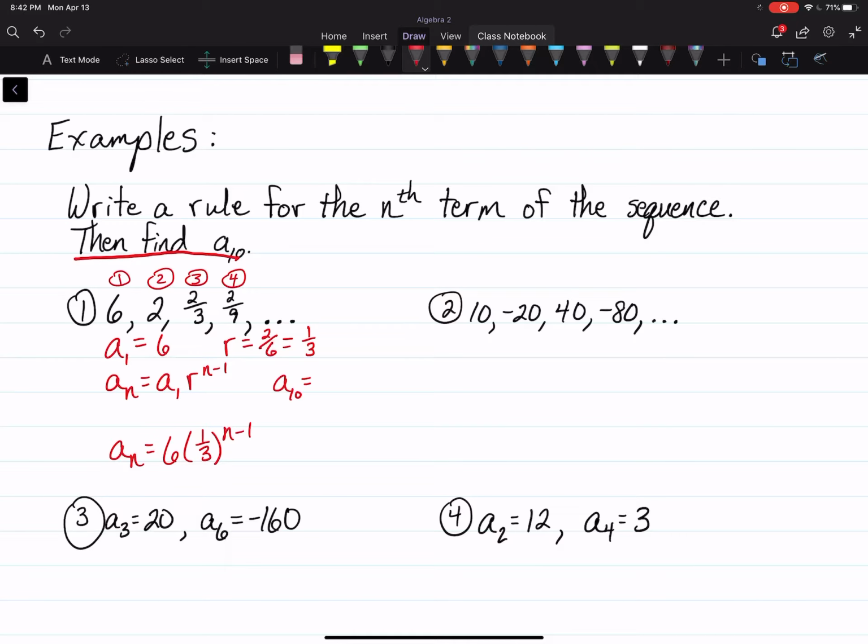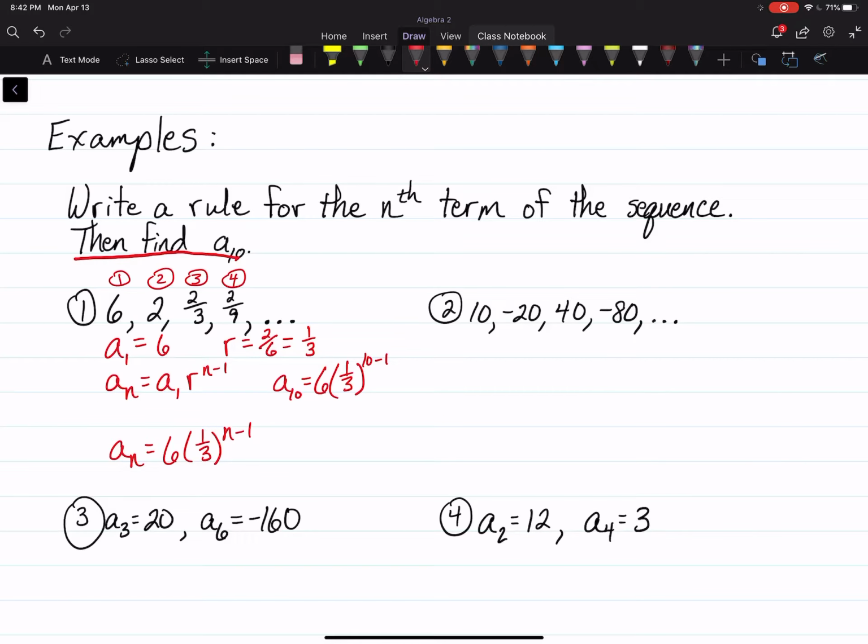We could just keep multiplying by 1/3 until we got to the 10th term. However, it's much quicker just to plug it in. So we plug into our equation: 6 times 1/3 to the n, which is 10, minus 1 power, which is 9.